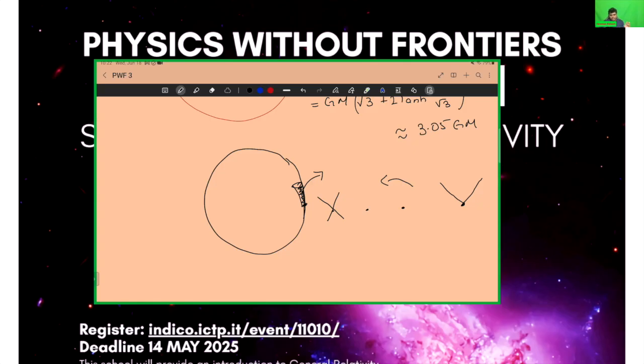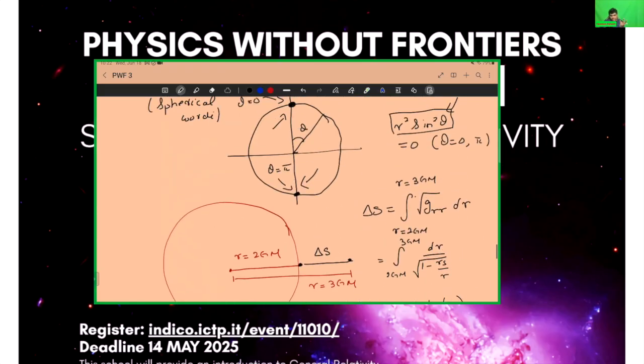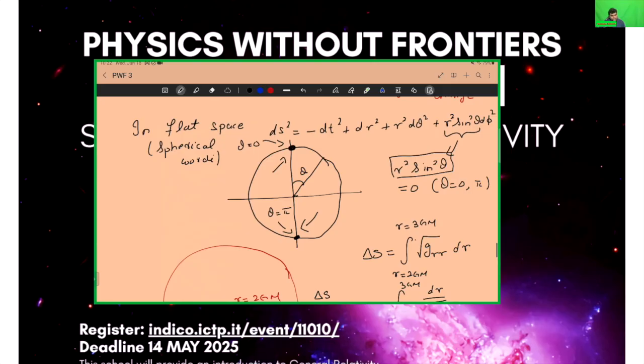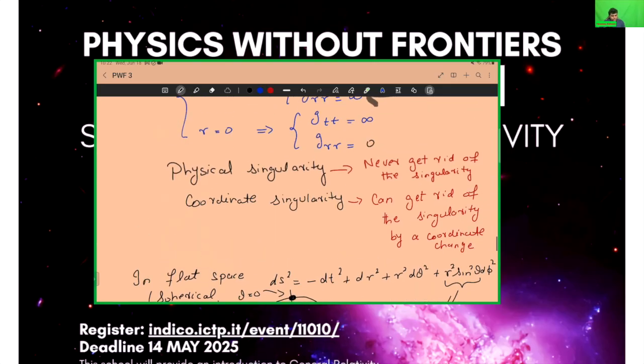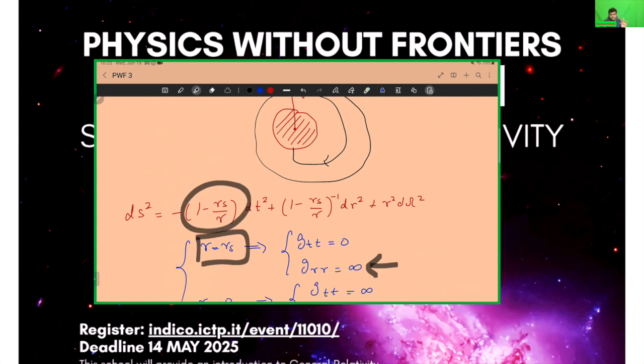Another feature, as I did tell you, is that we need a coordinate system that treats the Schwarzschild radius as a special point. The third thing that we need is a coordinate system in which the space-time switching doesn't happen. I did tell you last time that this particular component switches from negative to positive when you go inside the black hole.